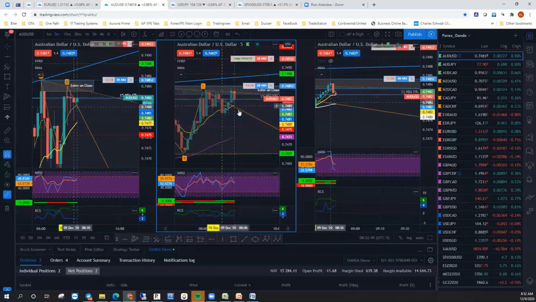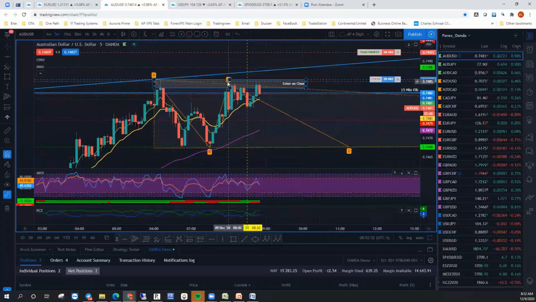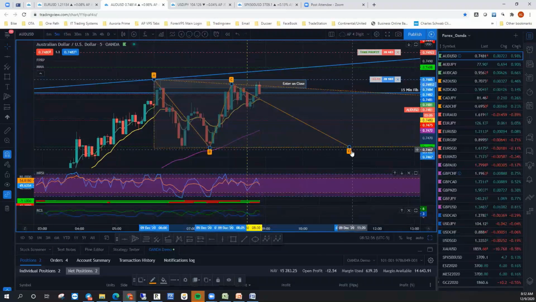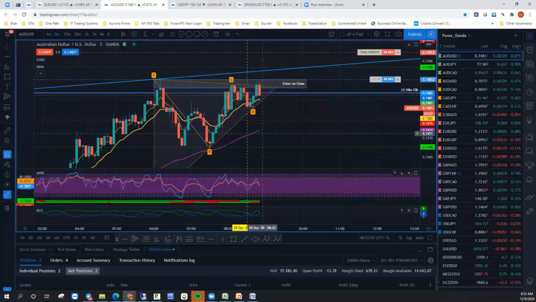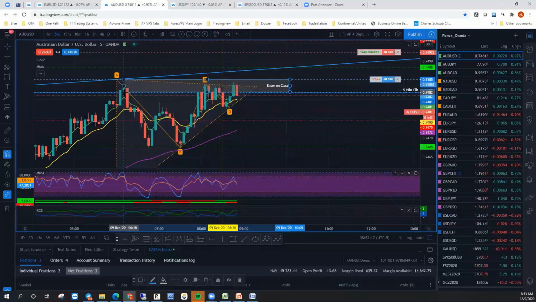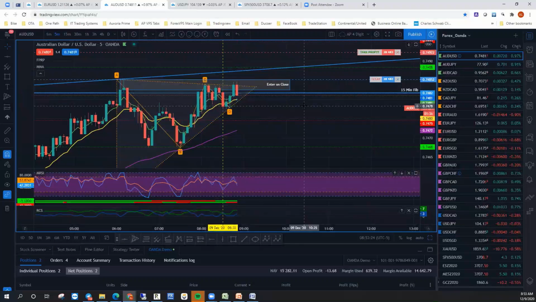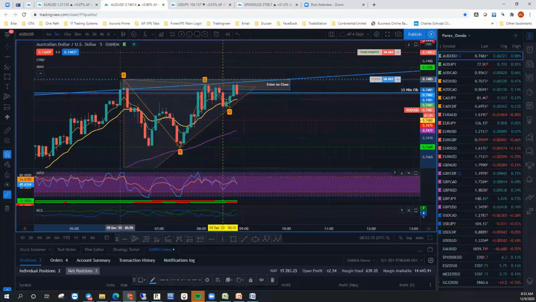We did get the break on the 5-minute area. This is also bouncing off the overnight high, coming up right toward the overnight high area.